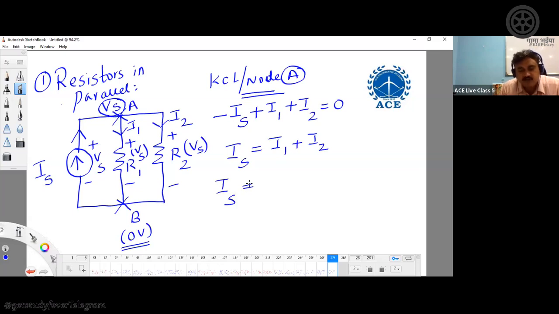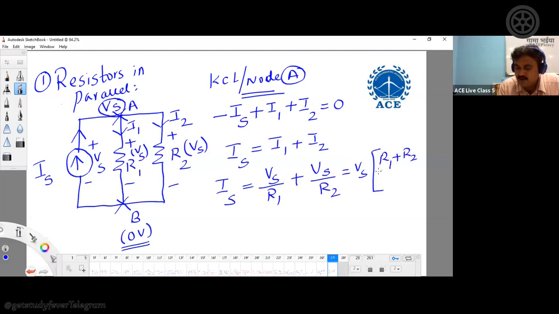I1 is the current flowing on resistor R1, so you can write it as Vs by R1. Plus what is I2? Current flowing on resistor R2, voltage by resistance, Vs by R2. So you can express this as Vs into (R1 plus R2) divided by R1 R2.